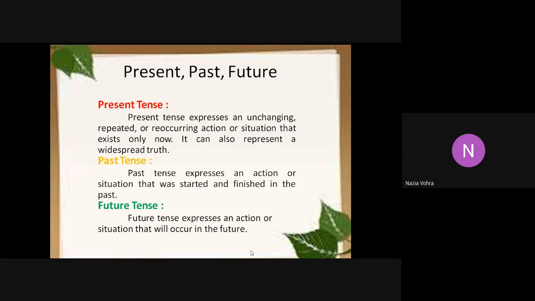In that case, we use the present tense. The past tense is when the action has already started and finished. It started and it finished also. So that activity is already done.